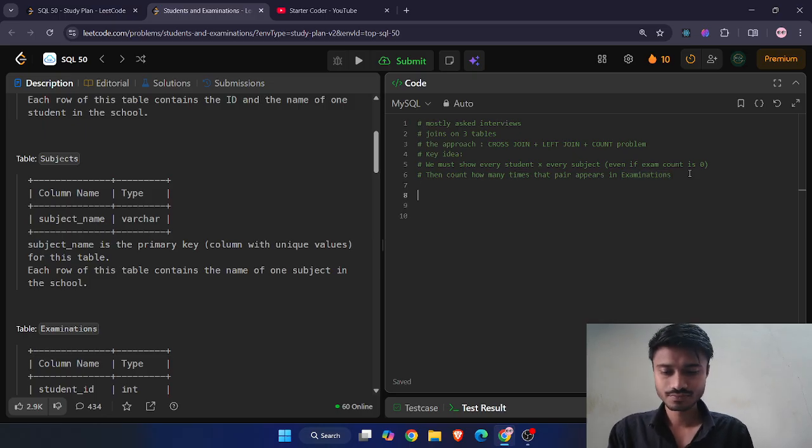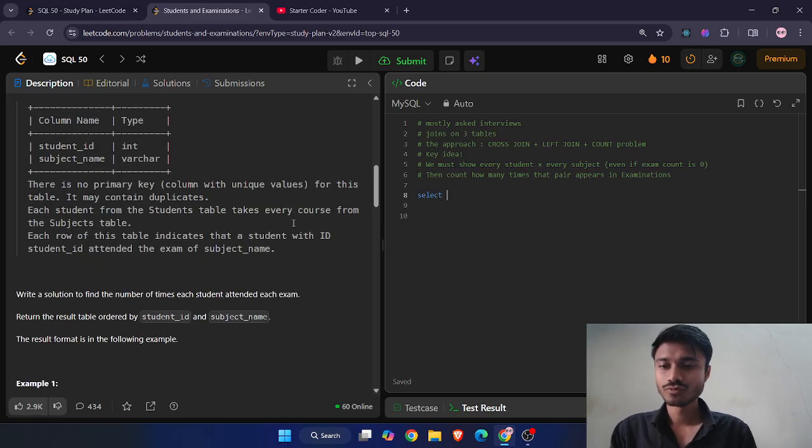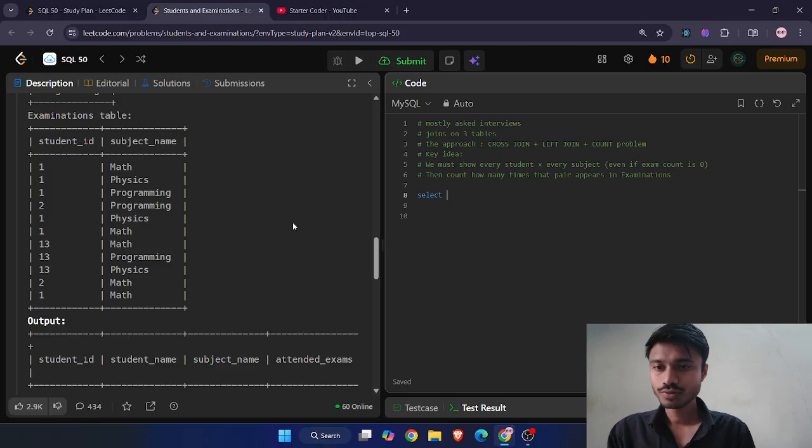So let's try to write. Select what is needed in the output: student ID. Let's say s as student, so s.student_id.